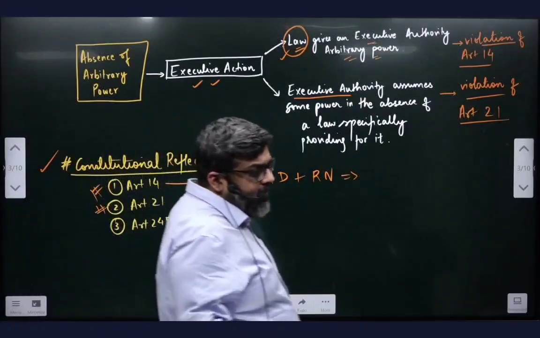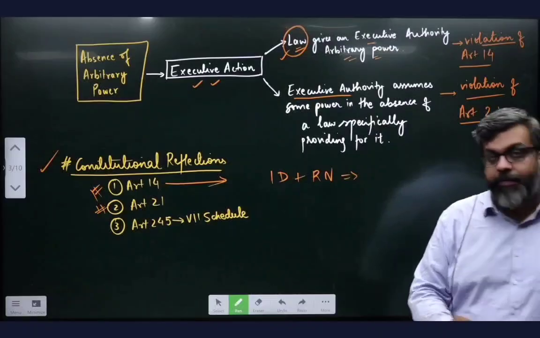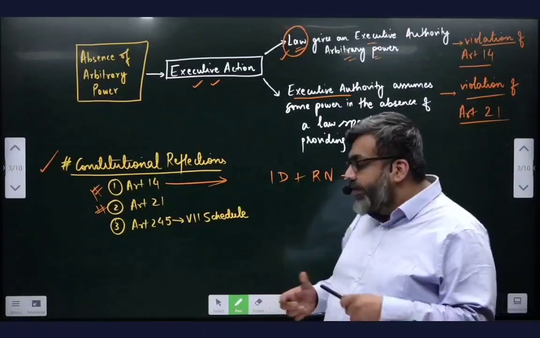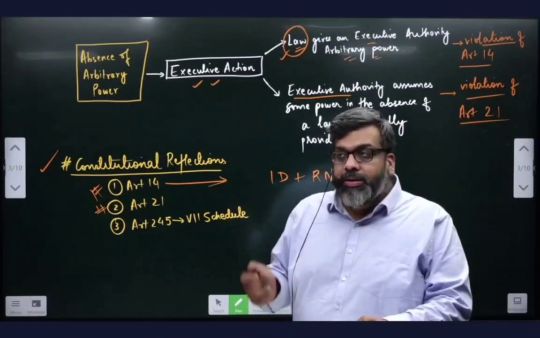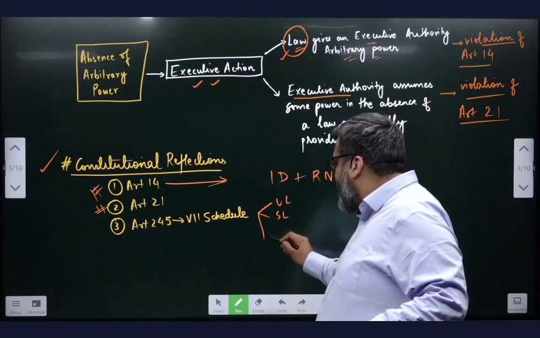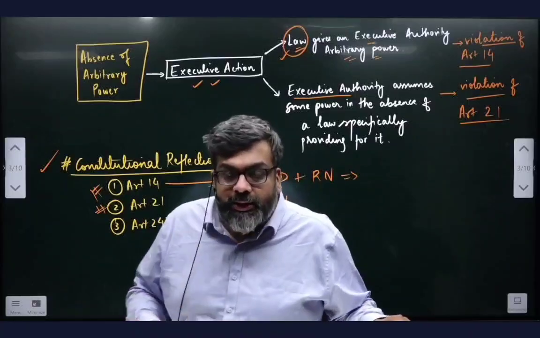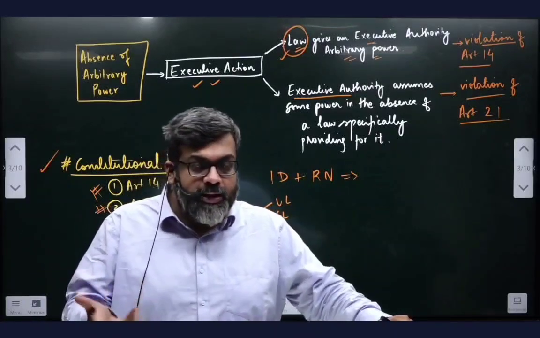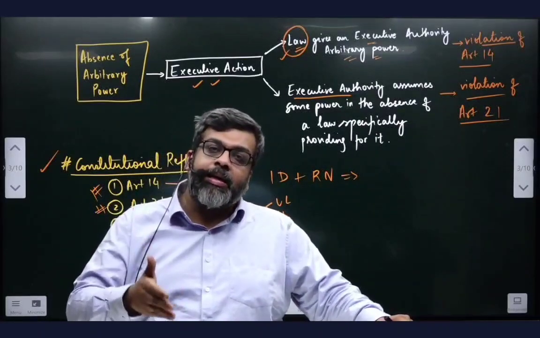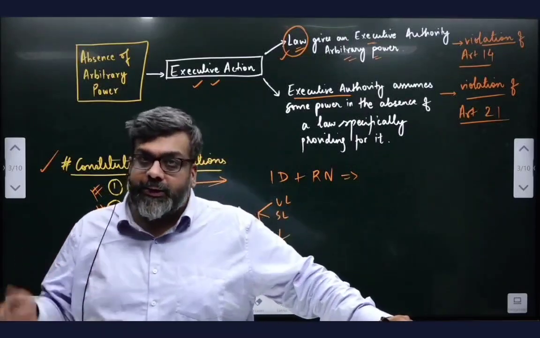Another deduction of this in the Constitution would be Article 245, which effectively is correlated to the 7th schedule, which contains the union list, the state list, and the concurrent list. Now, what happens with the union list, the state list, and the concurrent list is they very clearly divide the powers between the center and the states.